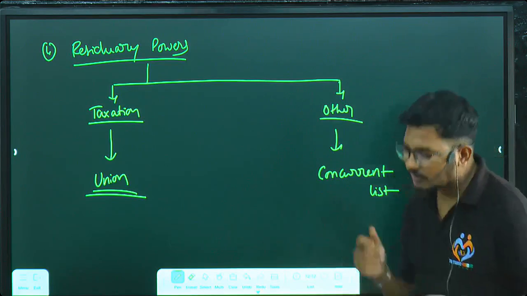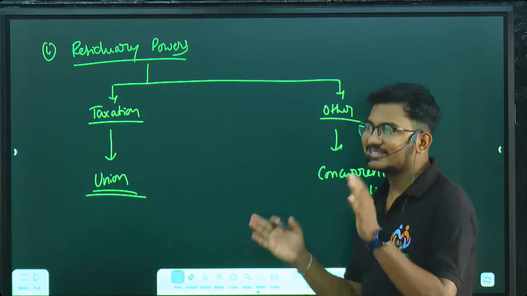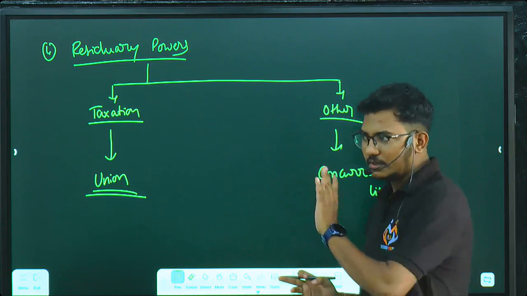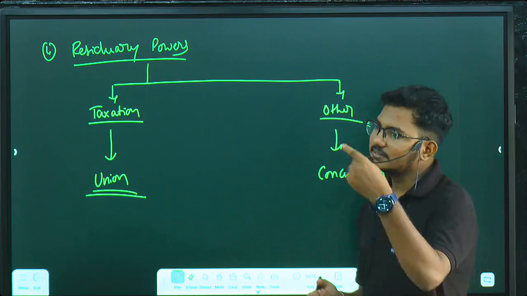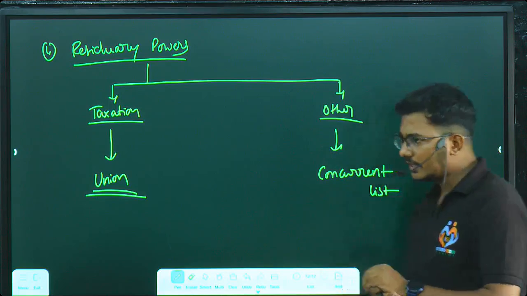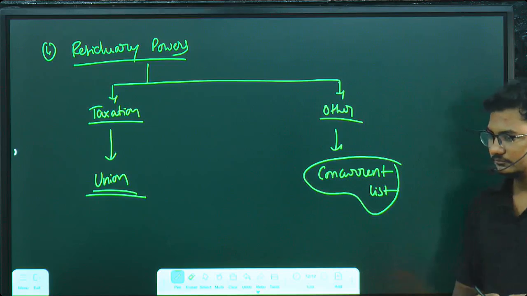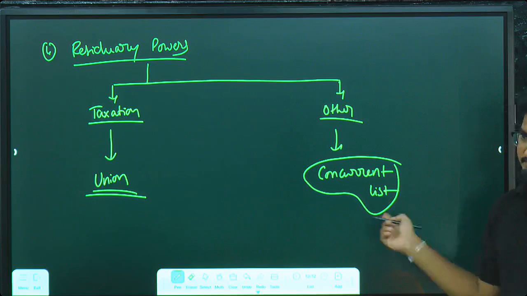If it is a matter of taxation, then it must be included in the union list. Only the union government can make law on that residuary power. But if it is other matters, then it must be included in the concurrent list, which means both the center and the state can make law on it.